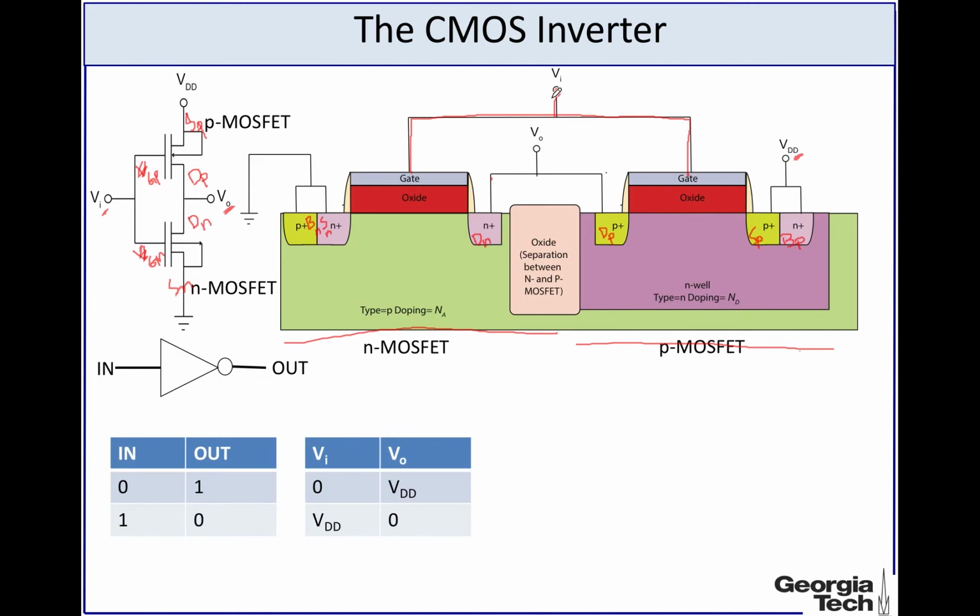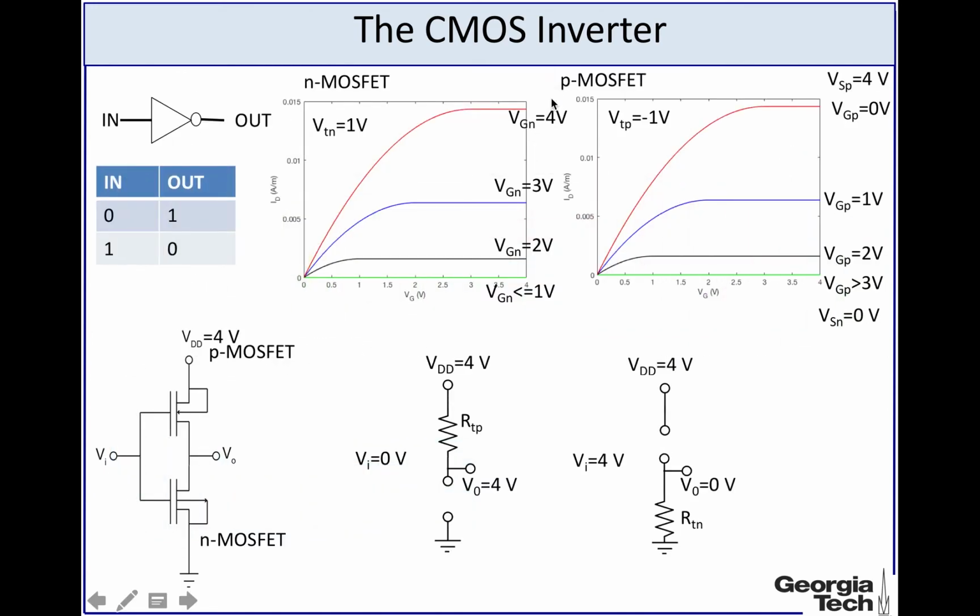Okay, so now let's see how it works as an inverter. I have plotted the same thing over here. Just so we are sure, VI is equal to VGN equals VGP.